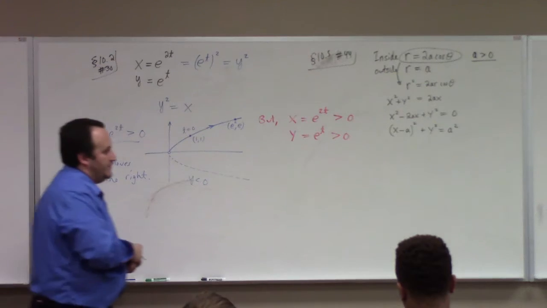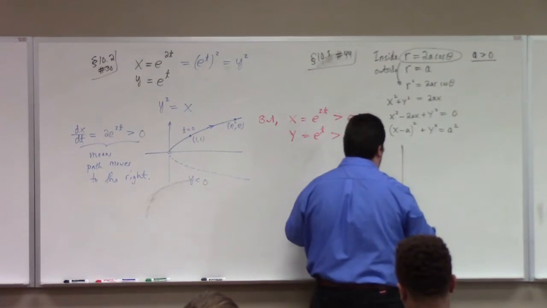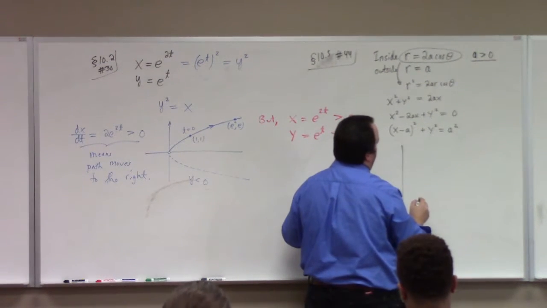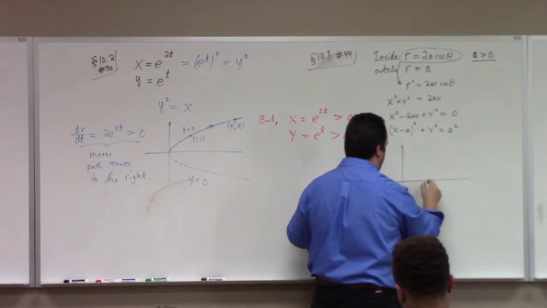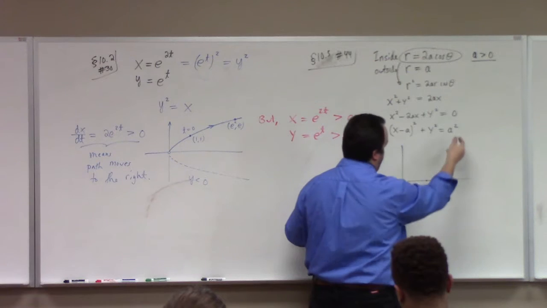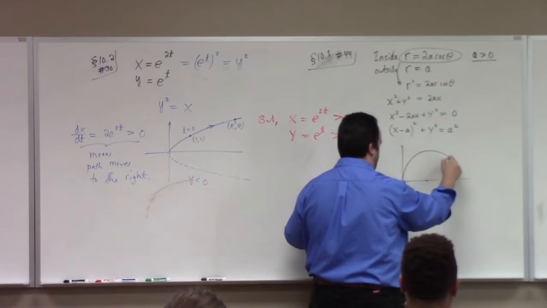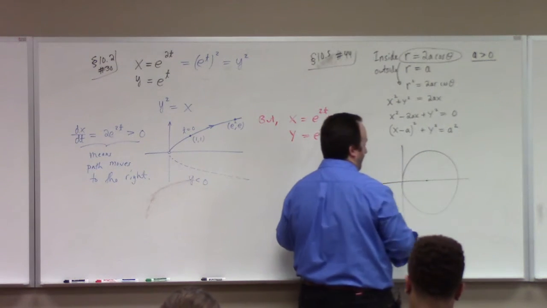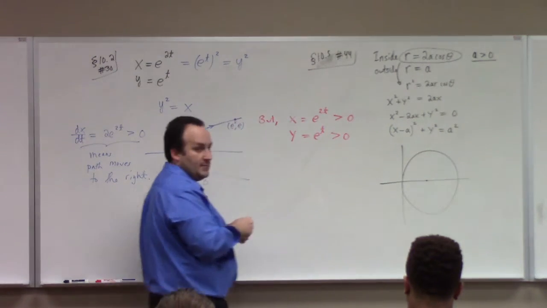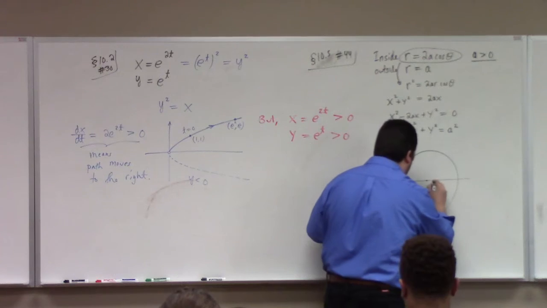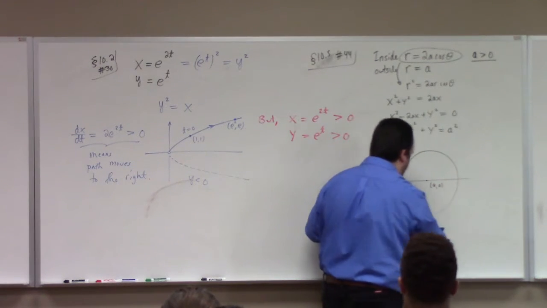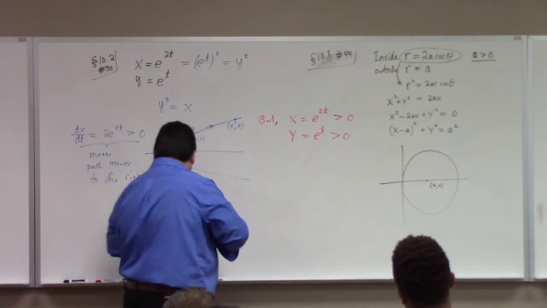And so I can picture it. I've got a circle centered where? A comma 0, right? And it's got radius a, so it looks something like this. And then what's the other thing?